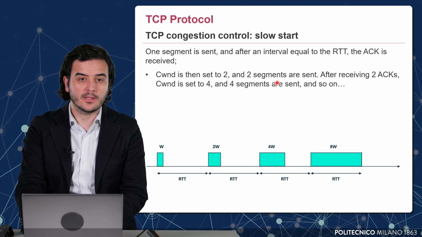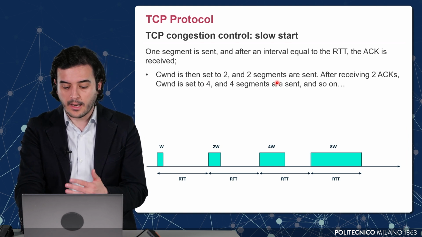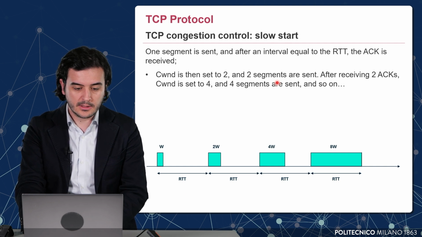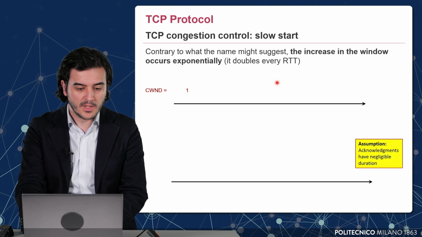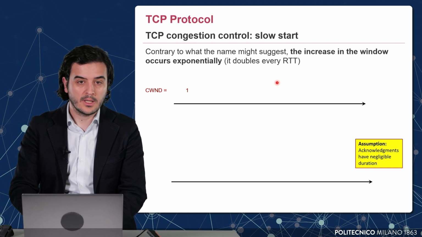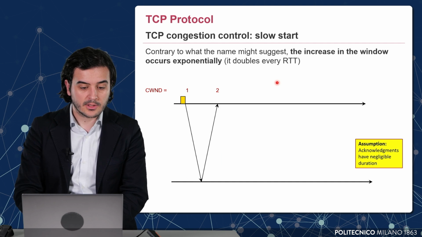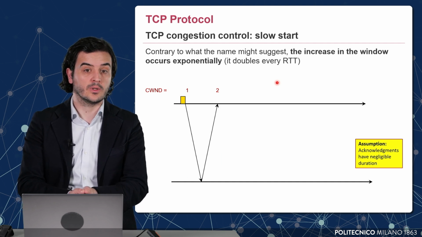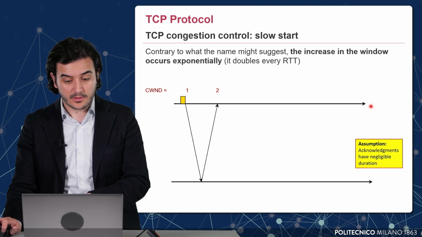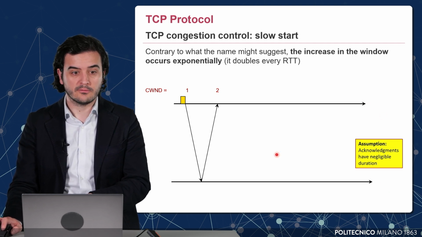To illustrate how the congestion window increases, we see an illustrative example. We start with a congestion window equal to 1. A congestion window equal to 1 means that there is one segment which is sent from the transmitter to the receiver.